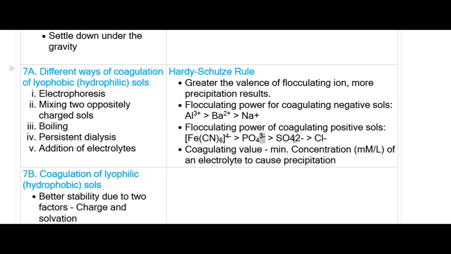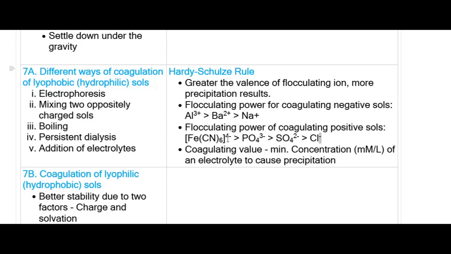And what about the sulfate anion? The sulfate anion is divalent, that is 2 minus. And then you know chloride, that is monovalent. Right?